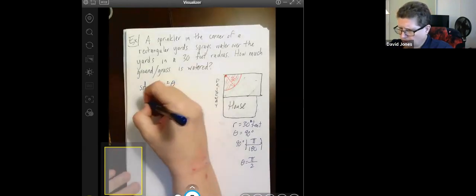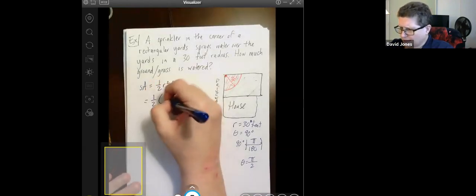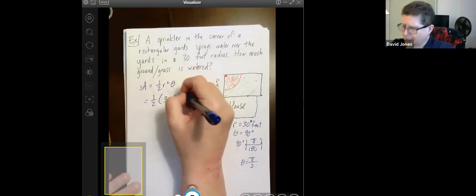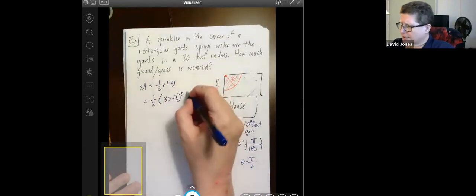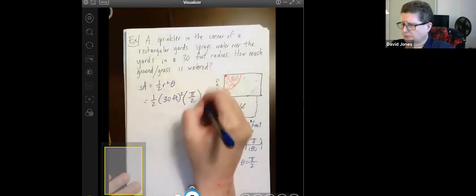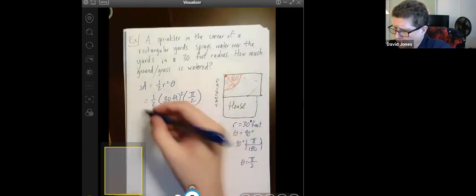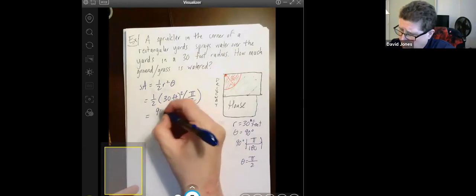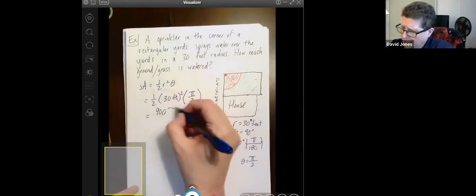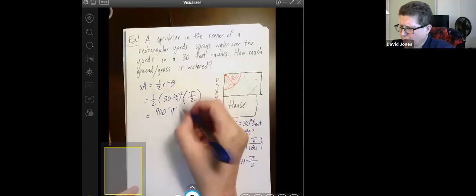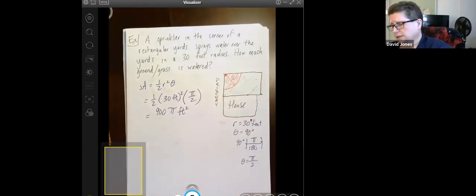So we have 1/2 times 30 feet squared times pi over 2. 30 squared is 900. Then we got a pi. Feet squared gives square feet, which is an area unit.